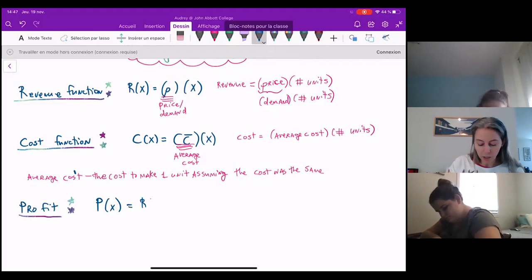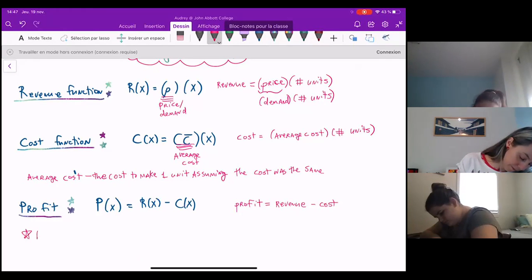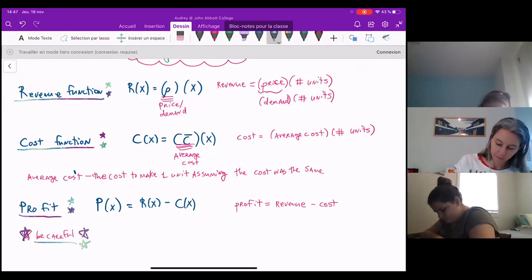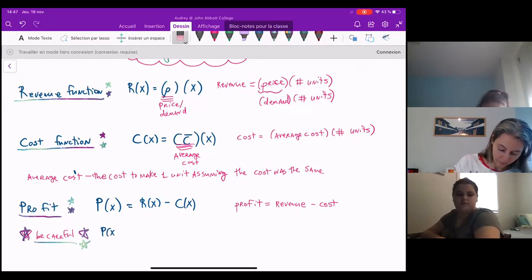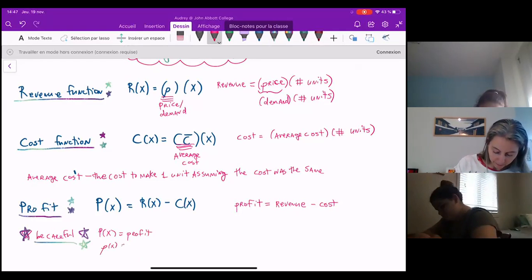And my profit function is equal to my revenue function minus my cost function. So be careful, our big P is profit, and our little p is price or demand.